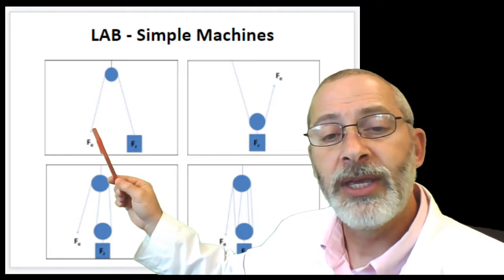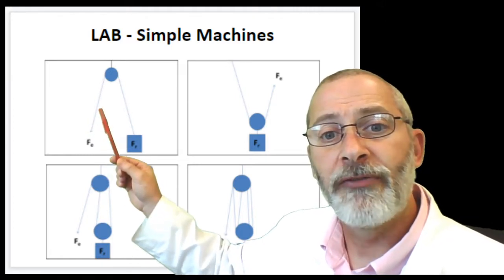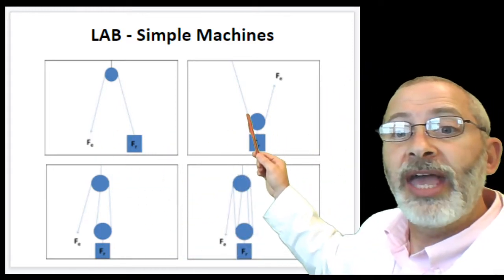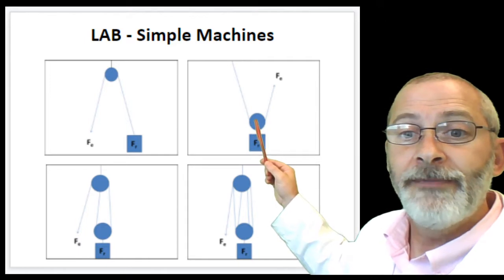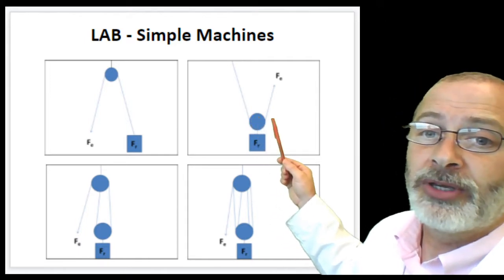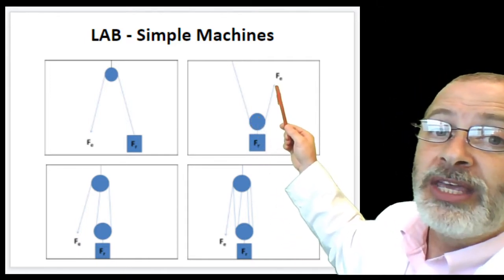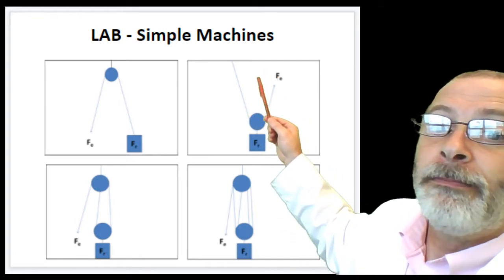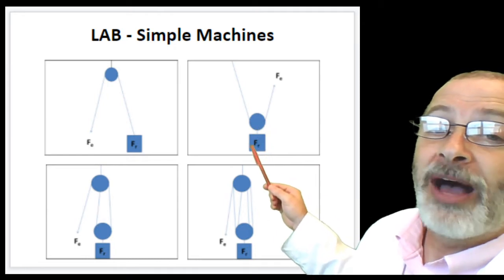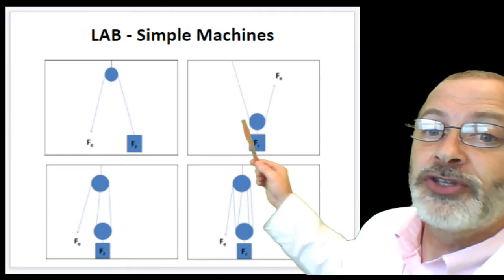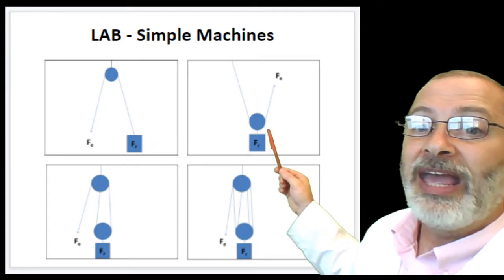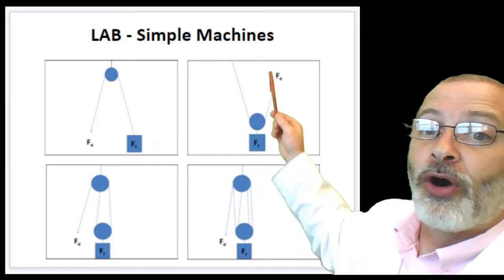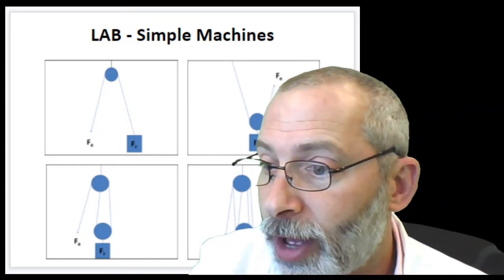In this example with a fixed pulley, the effort force is down. In this example of what is called a movable pulley, and it's called a movable pulley because as the effort force is pulled up, the pulley also moves up with the object. So this is the difference between a fixed pulley and a movable pulley. With a movable pulley, the whole pulley moves up as well.